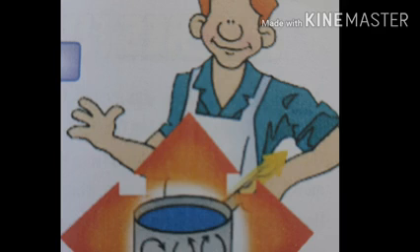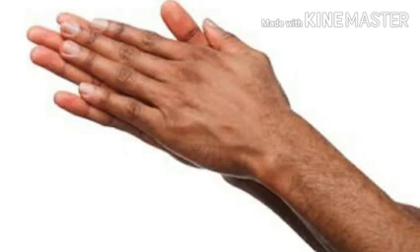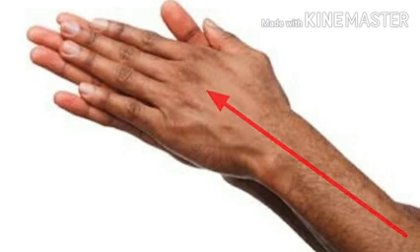Heat. Heat is a form of energy which makes our body hot. When some work is done, energy is produced. When we rub our palms together, we see that our palms become warm and heat energy is produced.